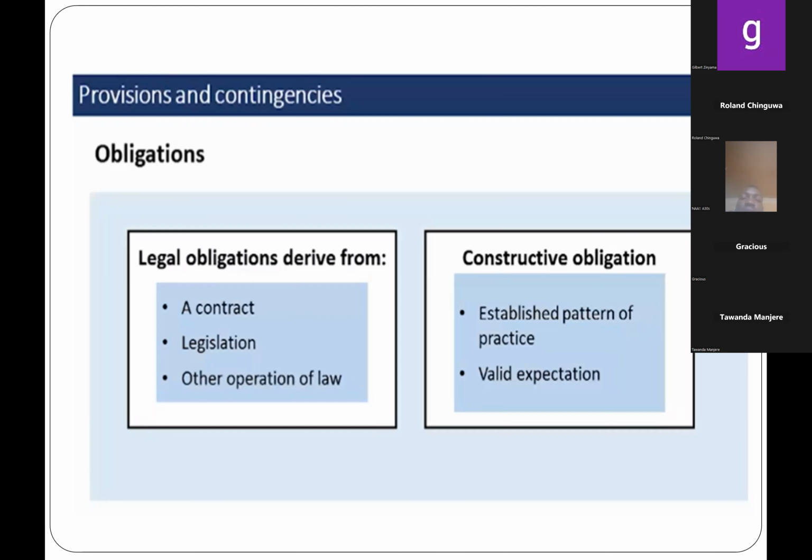That's a legal obligation. Then a constructive obligation is not something that is binding legally, but it's something that your actions as an organization have made people believe that you are taking as binding.